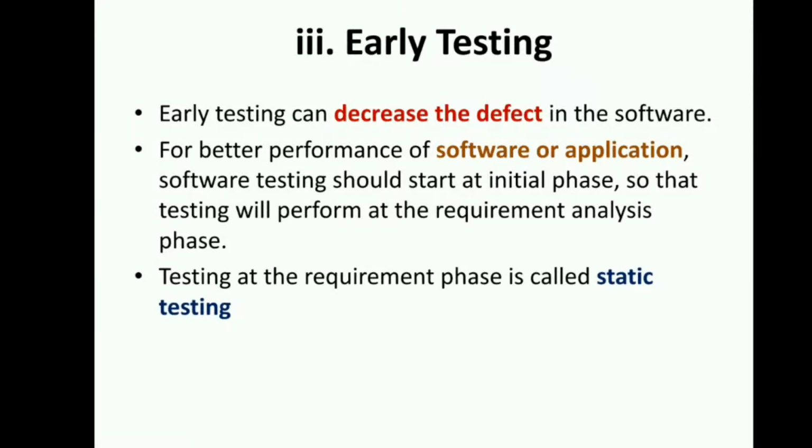Developers may not notice this and develop it as it is, expecting both inputs to be boolean and the output integer. So it is a defect, and you can raise it through early testing, at the level of static testing. Testing at the requirement phase is static testing.